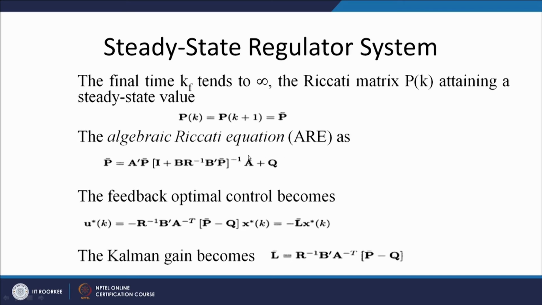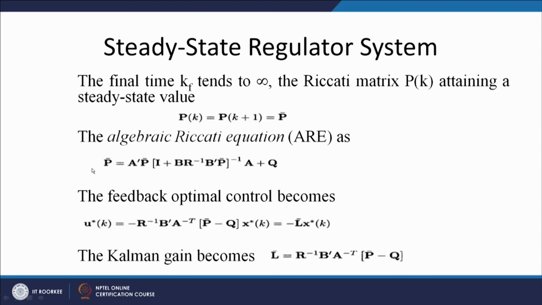So, my whole equation, which was a difference equation before, is converted, because P k plus 1 and P k are both the same. This is converted into an algebraic equation, and this we call the discrete algebraic Riccati equation, or simply the algebraic Riccati equation for a discrete time system.